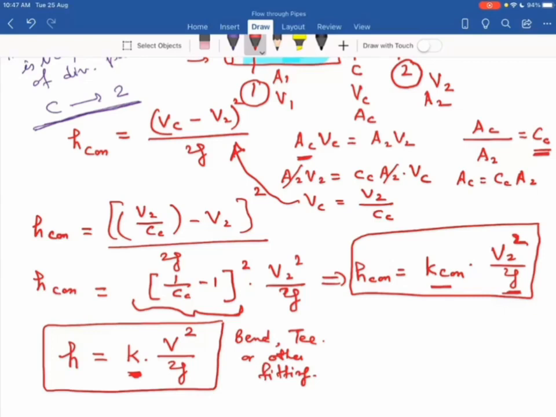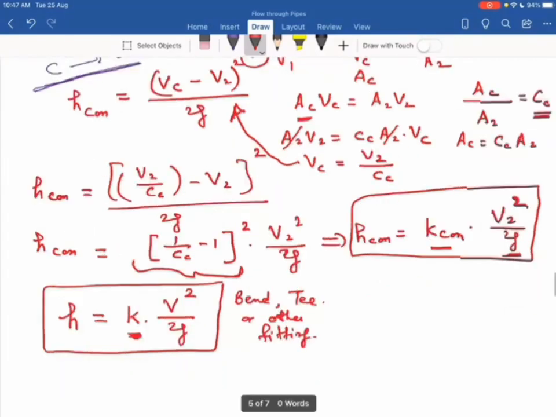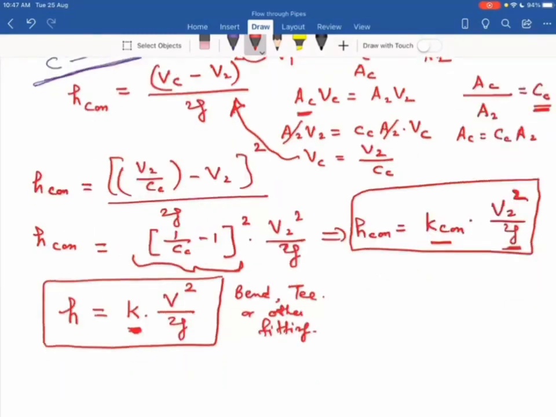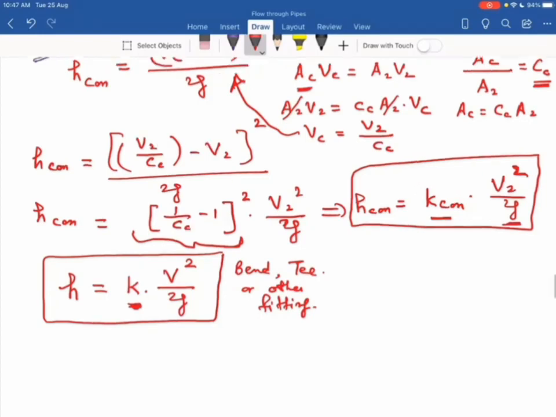Okay. Similarly, the last two, entry loss and exit loss. For entry loss, the K factor I write as 0.5.